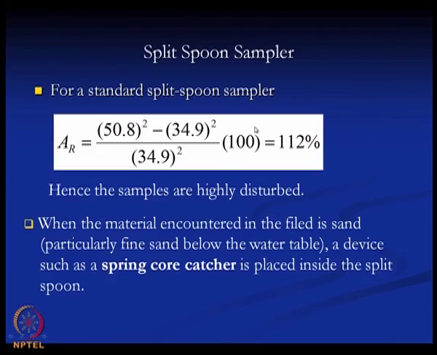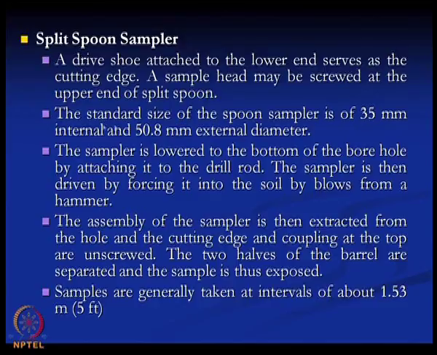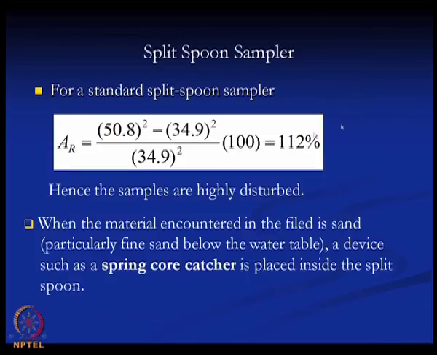Now, as I mentioned, the external diameter of the split spoon sampler is 50.8 and the internal diameter is 35 millimeter. So, what would be the area ratio?